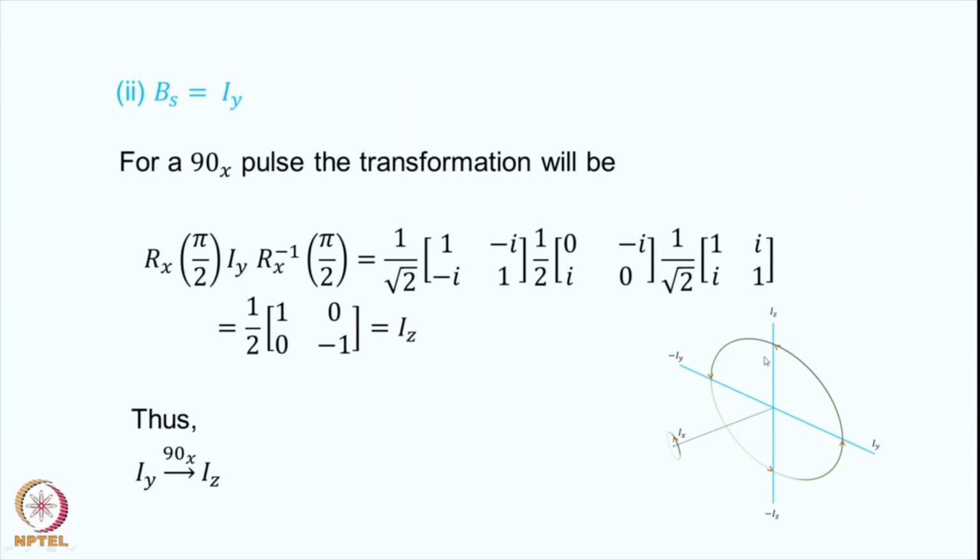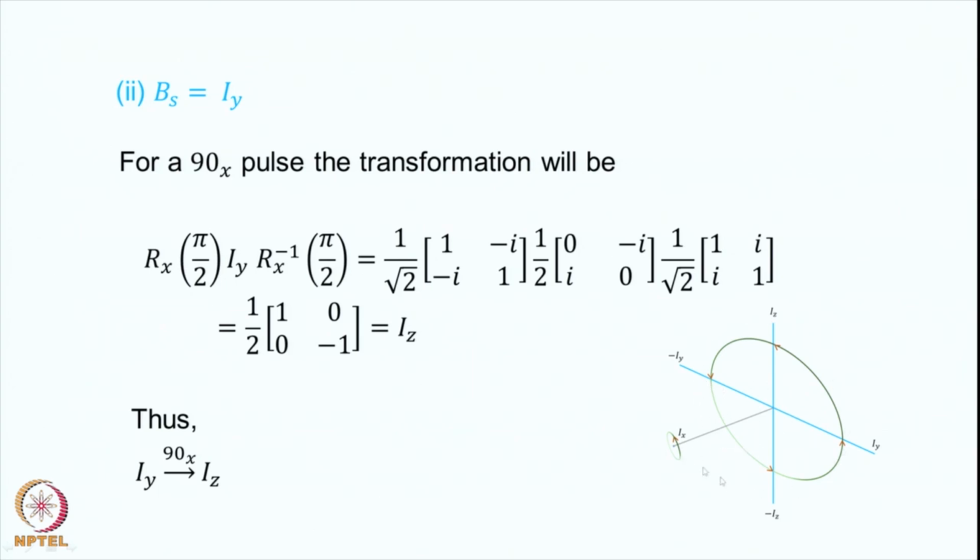You remember, if I had the rotation around the z axis, what was it? That is the chemical shift evolution. When I had the chemical shift evolution, my operator was going from here to here, Ix was going to, part of it was rotating in this plane, x to y, y to minus x to minus y, and so on and so forth.